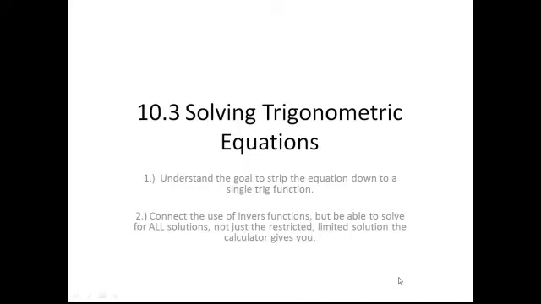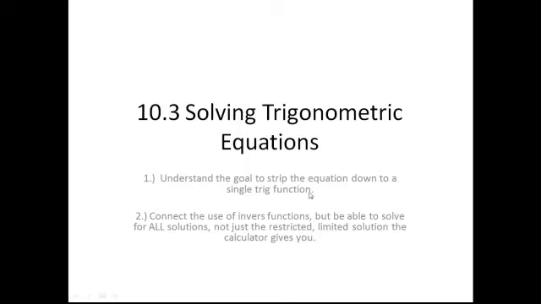So now in 10.3, this is solving equations. So this is where whatever you do to one side, you have to do to the other. It's where we're actually trying to change one side. Our goal is to strip down an equation, one side of our expression, to one single trig function.